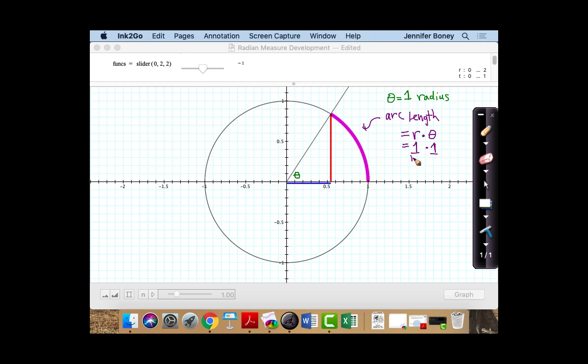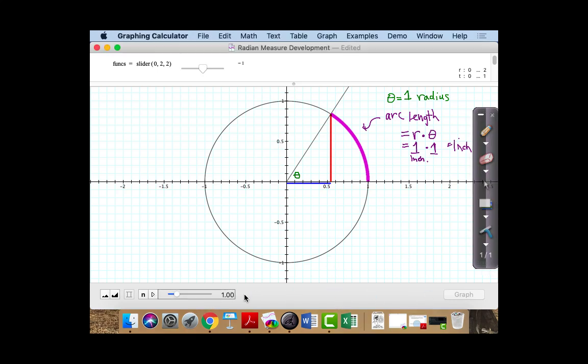If I have a larger angle or a different angle, whether it's larger or smaller, then I can have larger arc lengths that go with it.